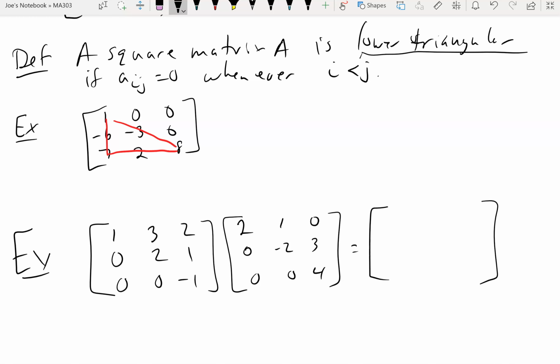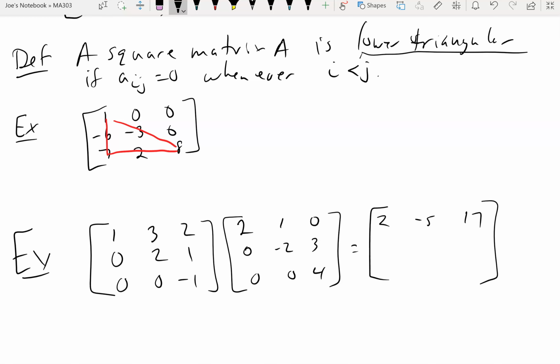All right, so when I take the first row times the first column, we just get 2. And then if I take the first row times the second column, we get 1 minus 6, so we get negative 5. And if I take the first row and the third column, we get 9 plus 8, so 17? I'm doing my arithmetic right?